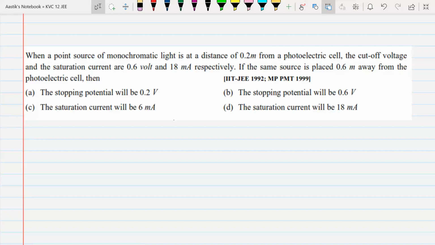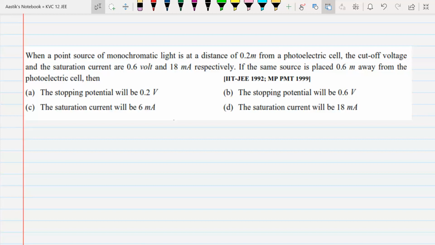What is option A? The stopping potential will be 0.2 volt. That is not the correct answer. Chalo.